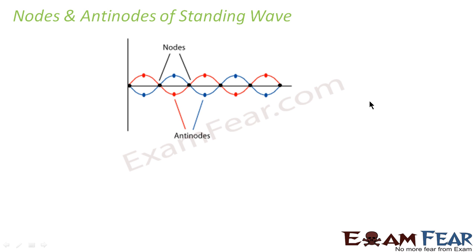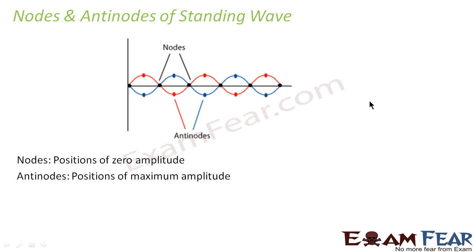And we see that we define two new terms called nodes and antinodes. Nodes represent the positions of zero amplitude, that is the positions where the amplitude of the wave is 0. And antinodes represent the positions of maximum amplitude.